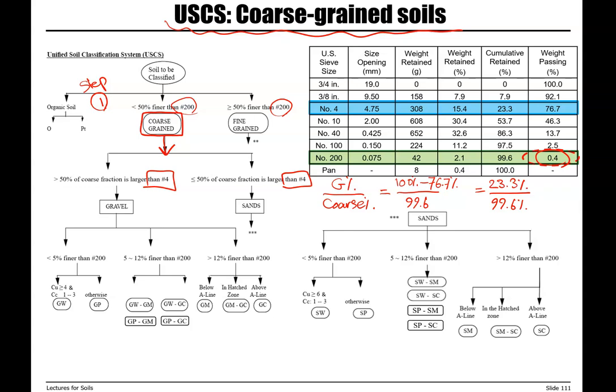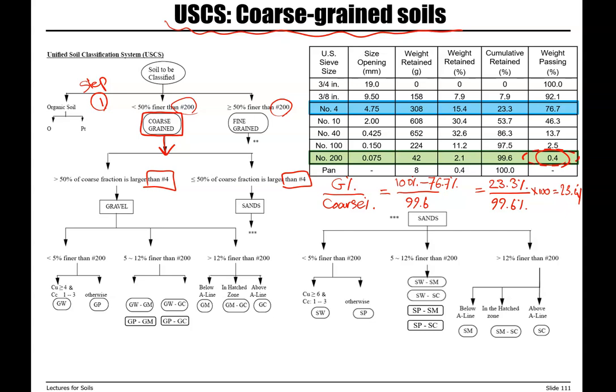So we divide 23.3 by 99.6 and multiply that number by 100. And we get 23.4%.